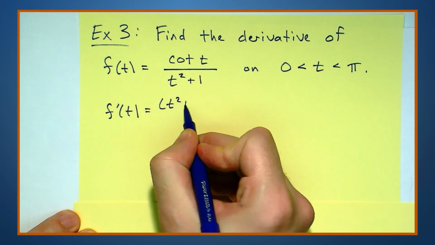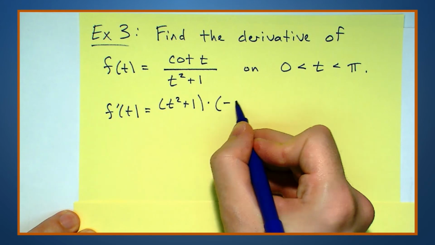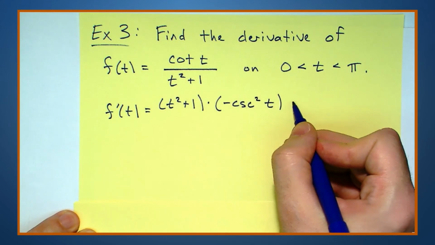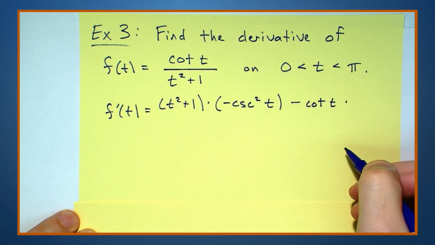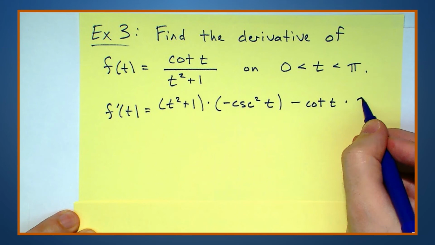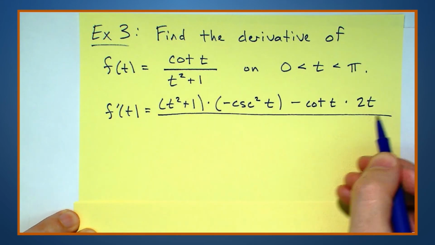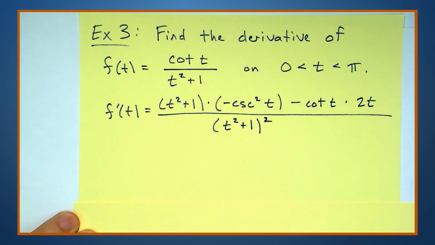So low d high, the derivative of cotangent is minus cosecant squared of t, low d high minus high d low. The derivative of the denominator is just 2t, remember derivative of a constant is 0, divided by the bottom squared. And let's leave that expression for f prime.